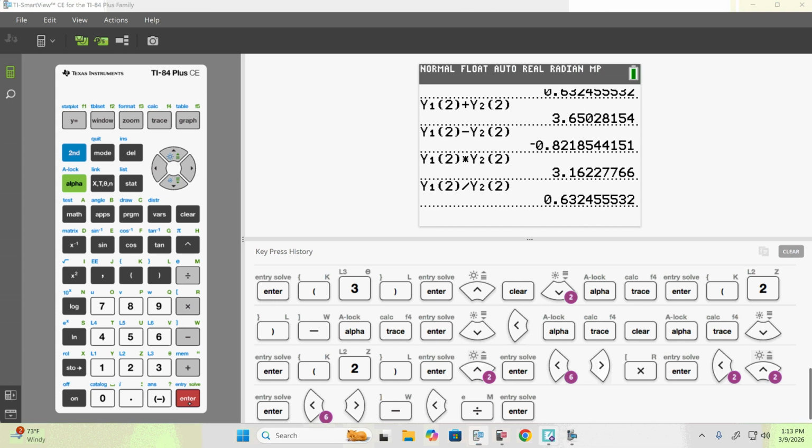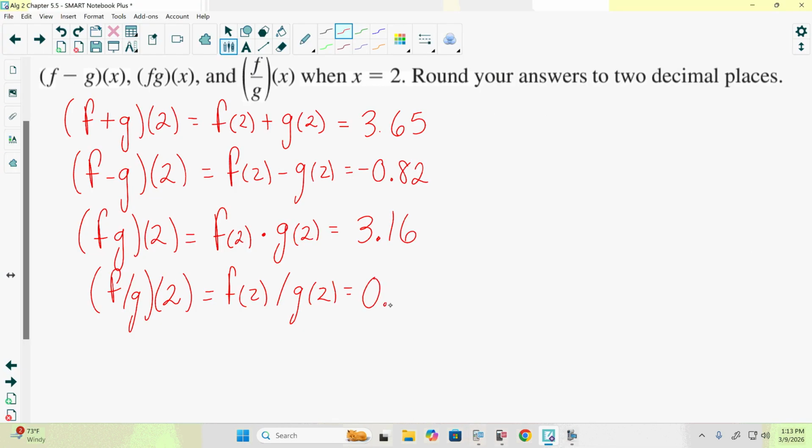And the quotient is 0.63. Questions on this here?